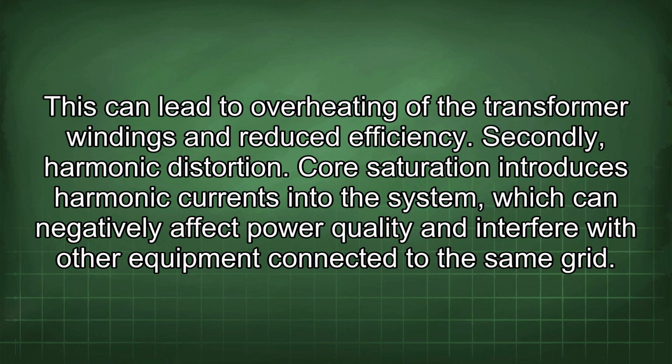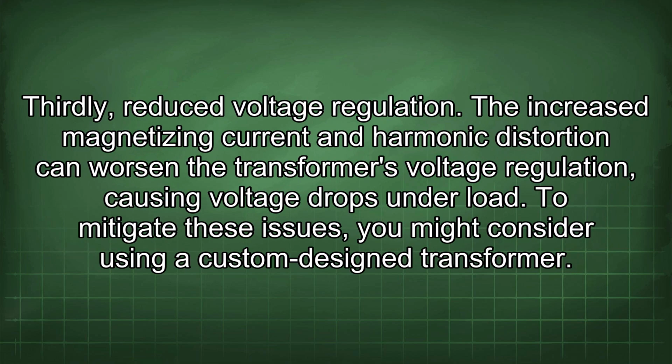Core saturation introduces harmonic currents into the system, which can negatively affect power quality and interfere with other equipment connected to the same grid. Thirdly, reduced voltage regulation. The increased magnetizing current and harmonic distortion can worsen the transformer's voltage regulation, causing voltage drops under load. To mitigate these issues, you might consider using a custom-designed transformer.